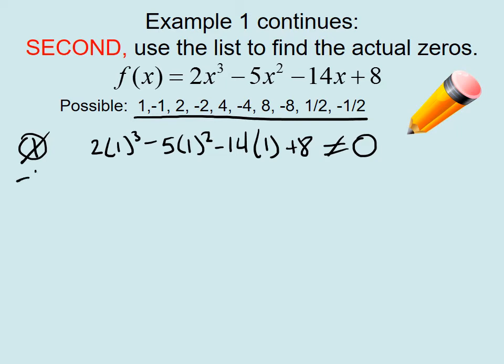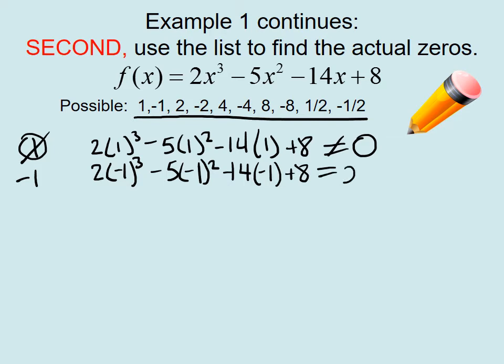I'm going to try a -1 next and just go through my list of possible zeros. If I plug in -1 for all of my x values, try plugging it into your calculator as well, because you want to make sure you're using those parentheses correctly. When we plug this one in, we don't get 0. Doesn't matter what the value is, it's not 0.